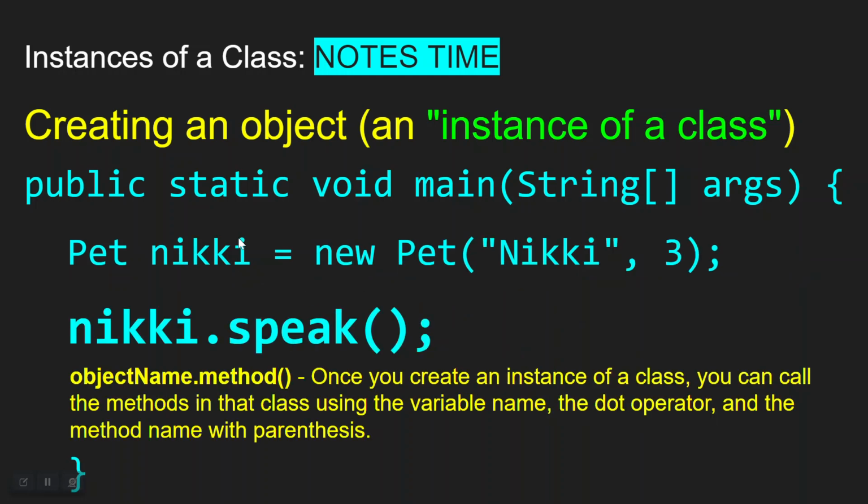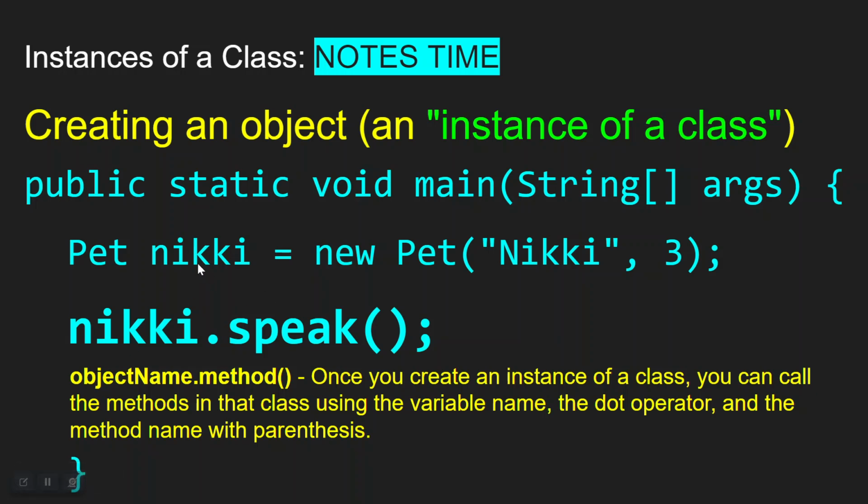Once you have that object instantiated, you can now call methods. We use the syntax objectName.method() with parentheses. That's basically what it looks like when you are calling a method. So once you create an instance of a class, you can call the methods in that class using the variable name, the dot operator, and then the method name followed by parentheses. That's what you're seeing right here, nikki.speak().